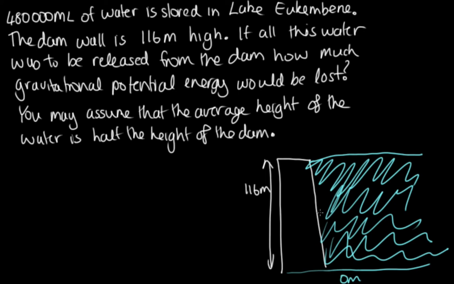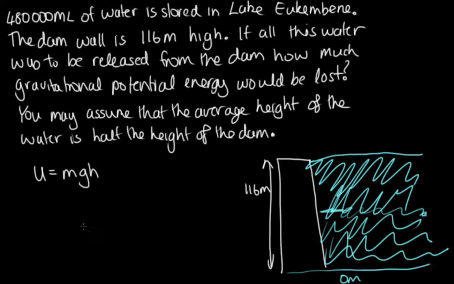And so the average height is half this height here, which is what this is telling us. And so to calculate the change in gravitational potential energy, we've got that U is equal to mgh. Now we need to work out what mass of water falls from what height.